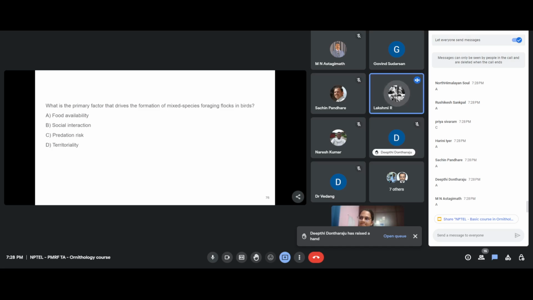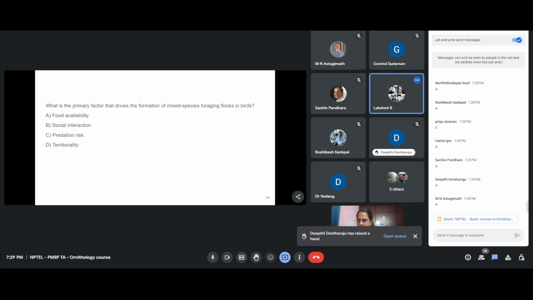Okay, because I thought for a mixed species foraging flock to happen, there should be social interaction once the food is sighted, and then there should be some interaction between the mixed flocks, and that will help in protection from predation risk also, right? I got confused.